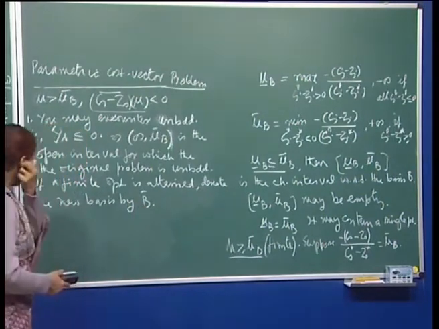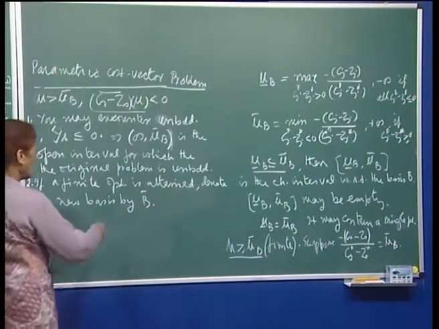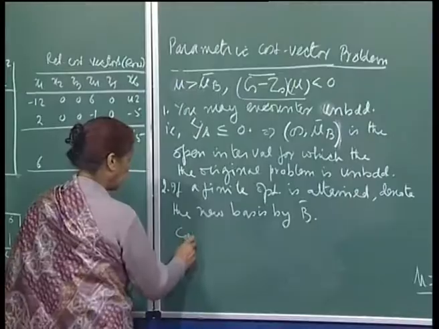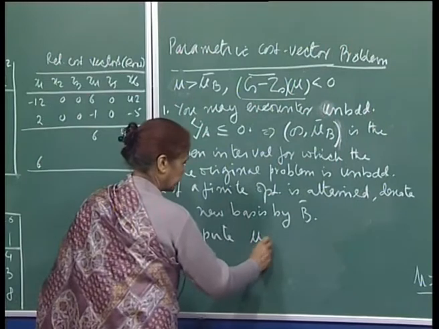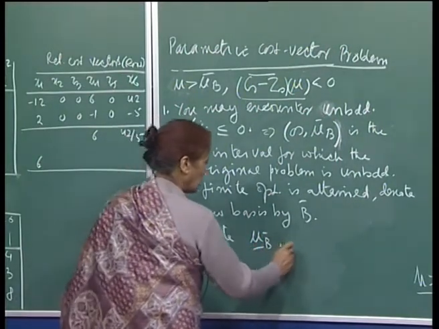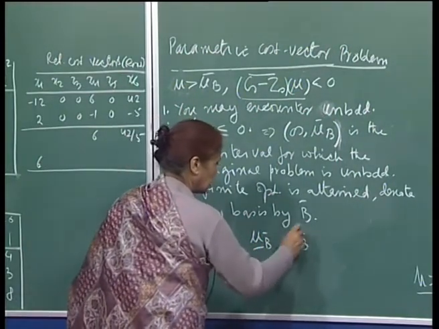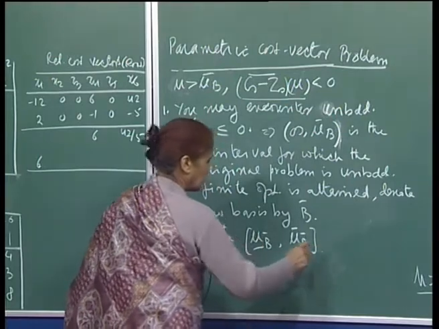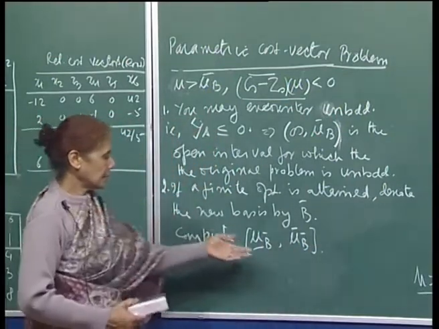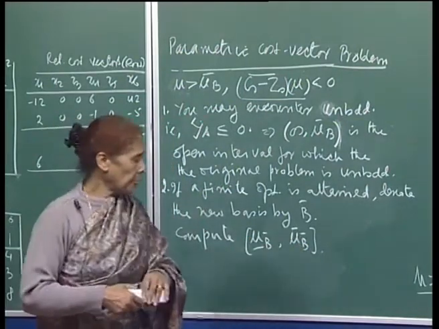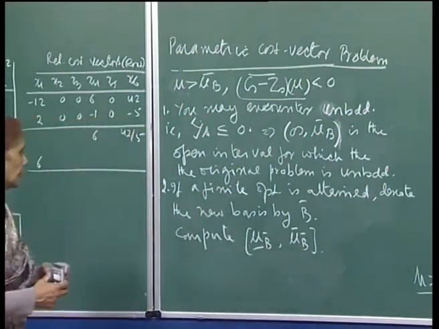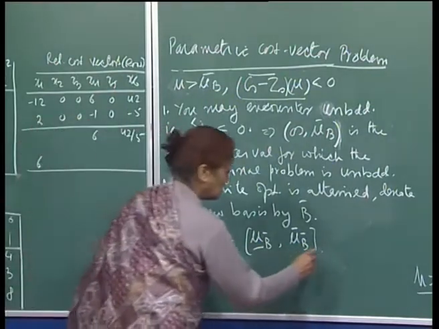So this is your new basis, right, and then accordingly compute this, provided that this is finite. If it is not, then you know how to proceed. So you compute this and proceed.